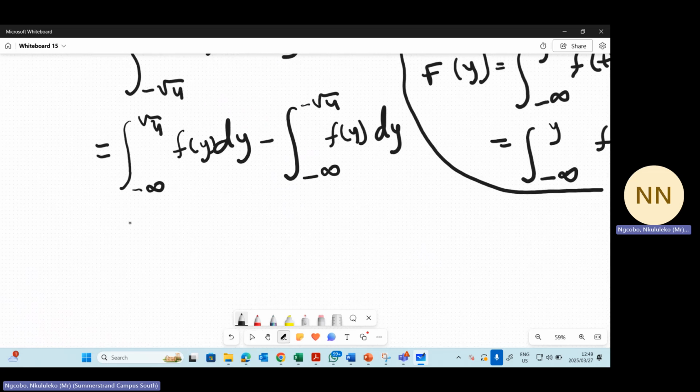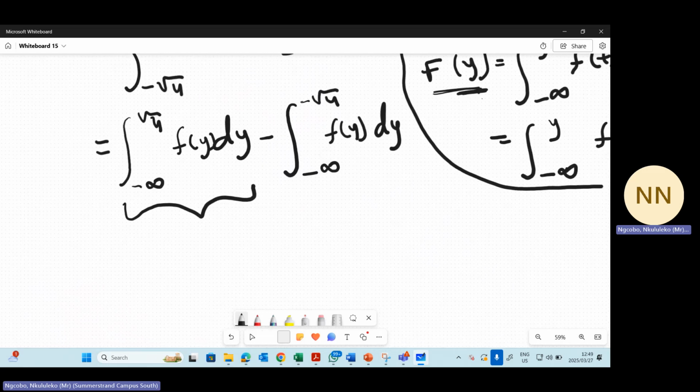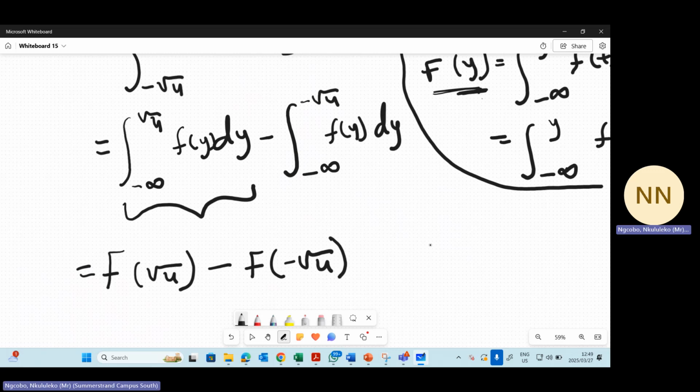Now, if you look at the structure of what you've just done here, what does it mean? This is a distribution function of F of square root of u, minus F of minus the square root of u, where u should be greater or equals to 0, because if u is negative, this will be undefined.